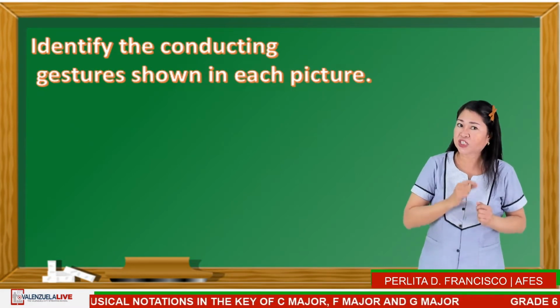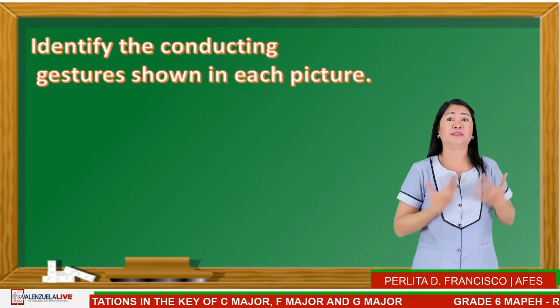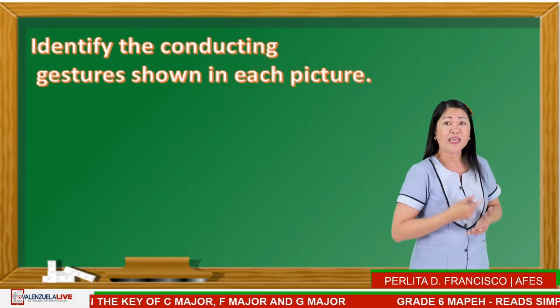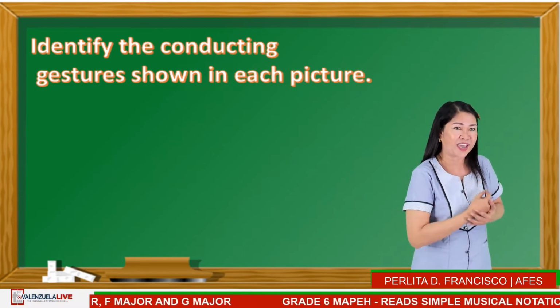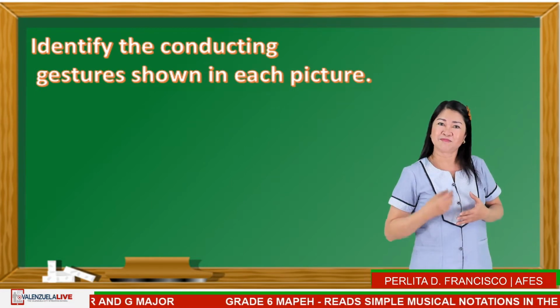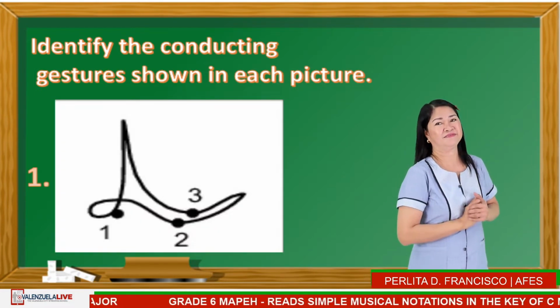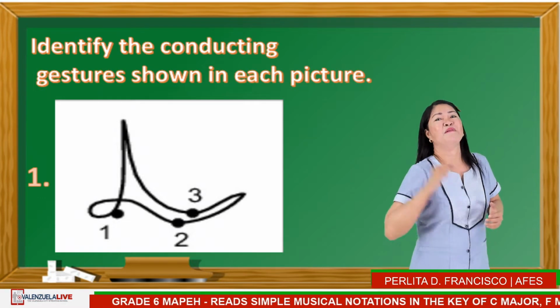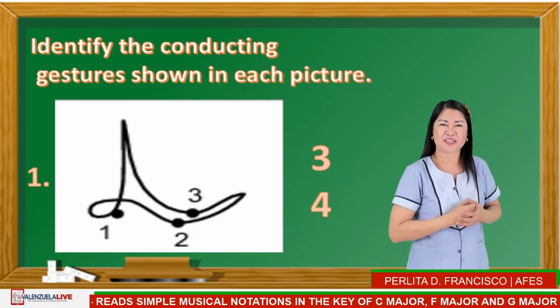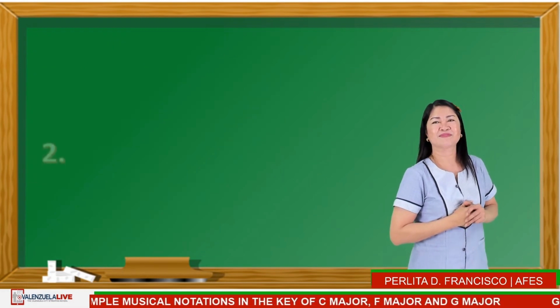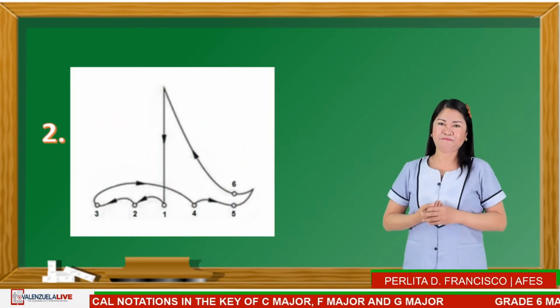So class, do you still remember our lesson about conducting gestures? Can you identify the conducting gestures shown in the following pictures? Number 1. Very good. It's 3-4 pattern or 3-4 time signature. Next, number 2.